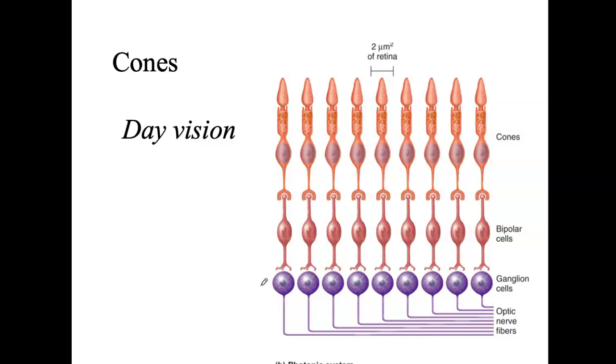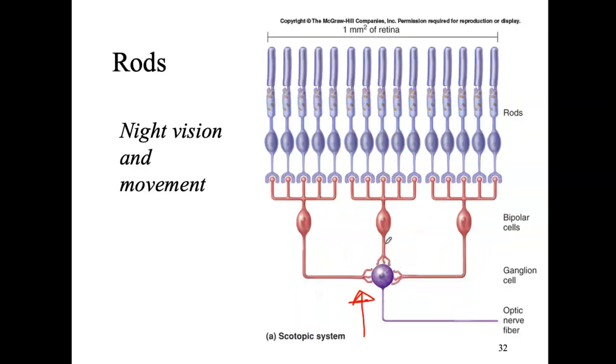Day vision. There's a lot of light here, right? And I can afford to have each one of these capture a little bit of light and pass it on to the cone because there's enough light to do that with. Okay, when we're talking about rods and it's very dark, we're going to need the bipolar cells to capture a whole lot more light and then pass it on to more of these cells, because light is so low.